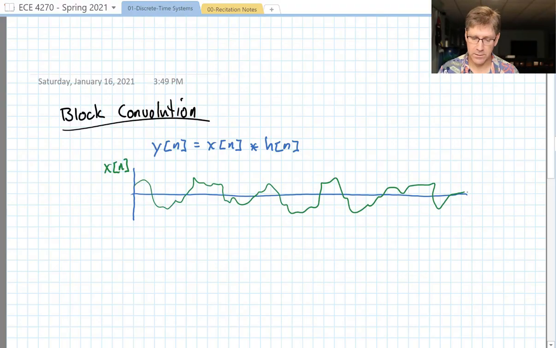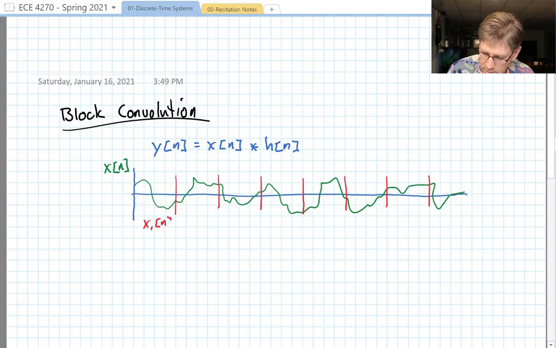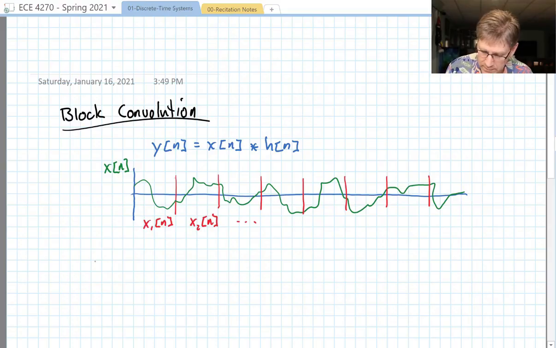and it's a nice long signal. So we can divide this into chunks, usually of equal length, although there's nothing that says it has to be. Some algorithms will require it though. And we're going to label each chunk x1, x2, and so on and so forth. Okay, so now we can write our original signal x of n as a sum of these chunks.